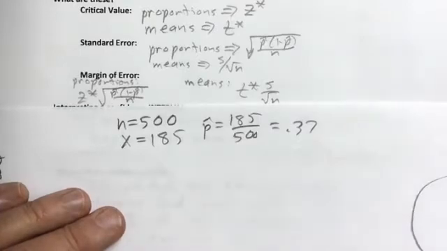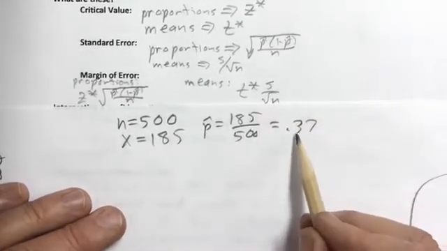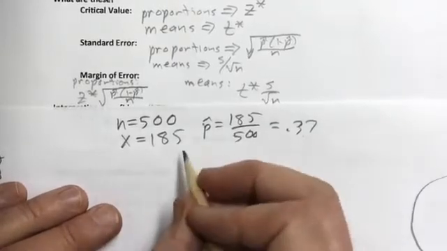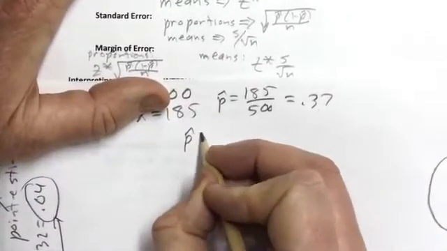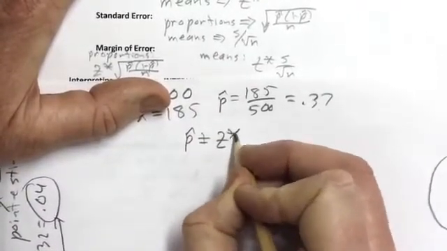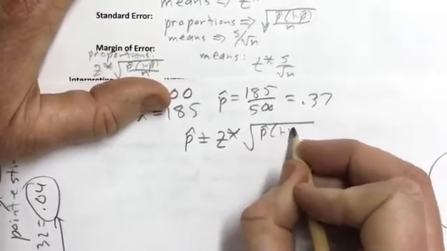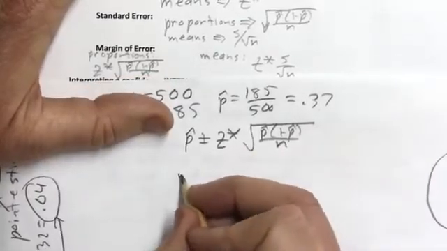In these proportion problems, they can either give you the number of successes and the sample size, or they could just give you the proportion, 0.37, and the sample size. The formula for our confidence interval, as is up there, is p hat plus or minus z star times the square root of p hat times 1 minus p hat over n. So our p hat is 0.37.